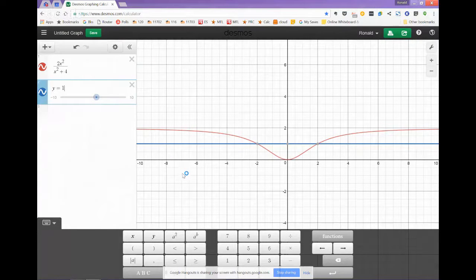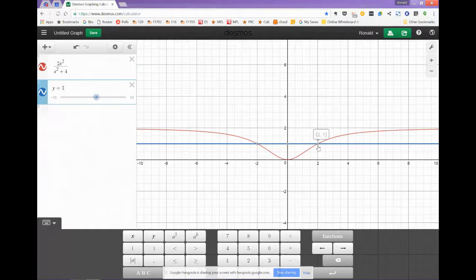In part A, the question is, when is the red curve greater than or equal to 1? Well, the critical points are these two right here, right? As you can tell, I'm pointing. -2 is one critical point.